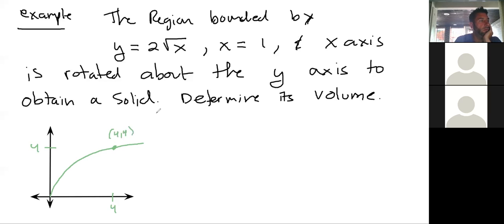And so the region we are interested in is this guy. We're only interested in what happens when x equals 1. So if we put 1 here, we're interested solely in this region. So that's the point 1, 2.